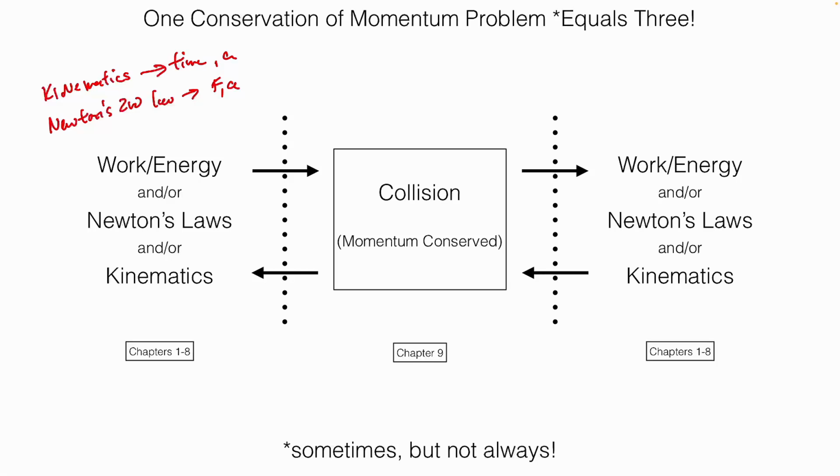But if you want the easier way, maybe less cognitive load, I'd say try energy first. And if that doesn't work, then the reserve parachute would be kinematics or Newton's laws, right? Just try energy, and usually you can get energy done quickly or fail at it really fast.